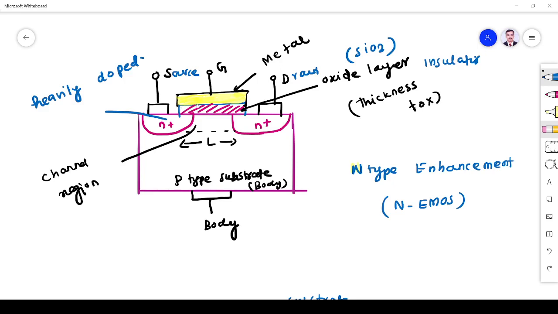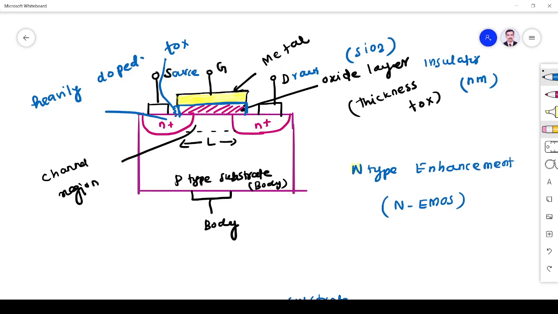So this oxide layer lies between source and drain. It is very thin, in the range of nanometer. So the oxide layer thickness is around nanometer, right? This is the thickness. This I call T-ox, thickness of the oxide layer. So this we will use in the problem.